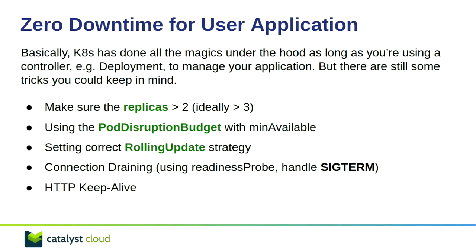Another thing is the HTTP keep alive. But I won't cover the details in my talk, because generally you can get a lot of information from the internet about how to achieve zero downtime for a user application.